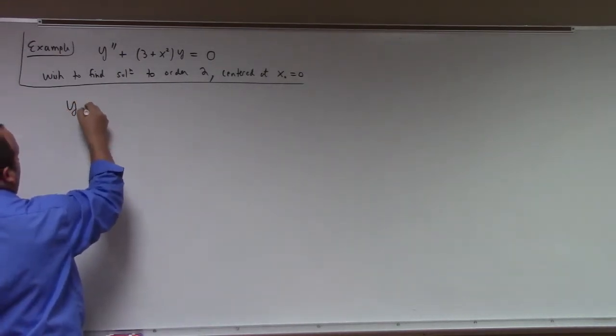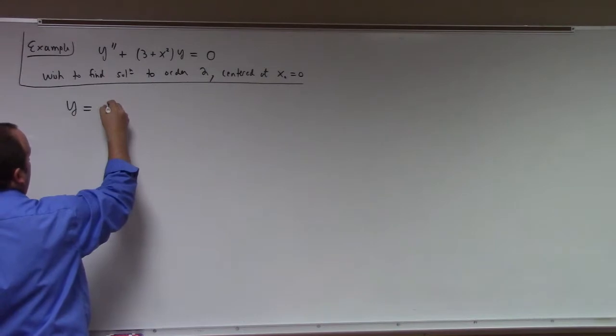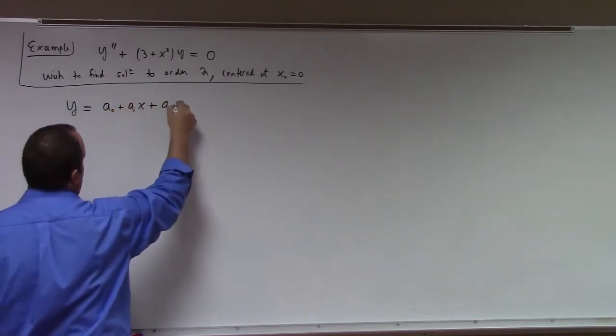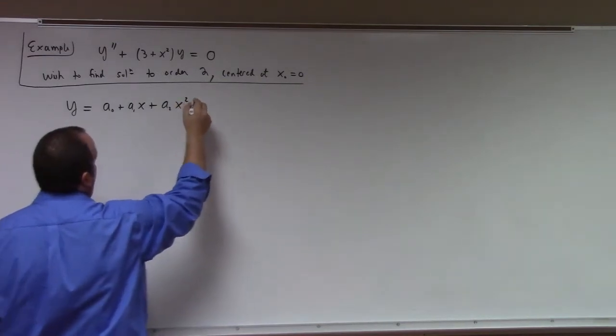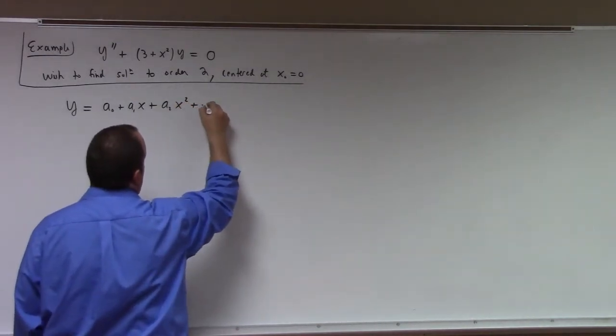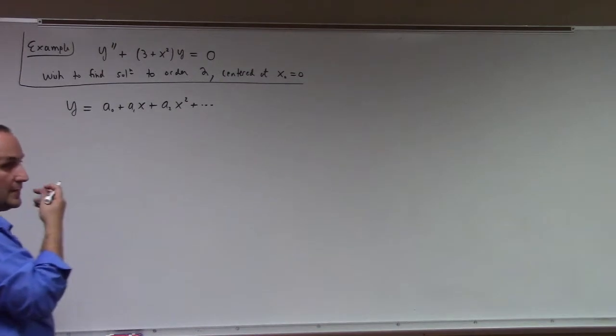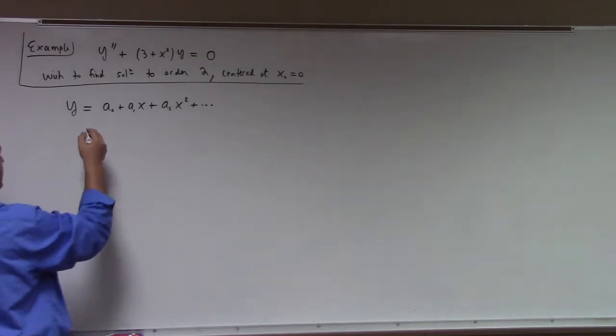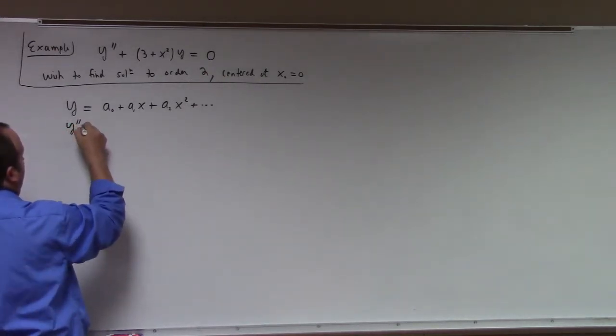We start by letting y = a0 + a1x + a2x^2 + ... And that may be enough. Sometimes you have to take higher order. What happens when we differentiate twice?